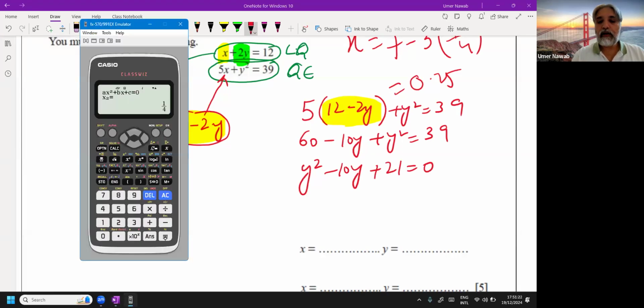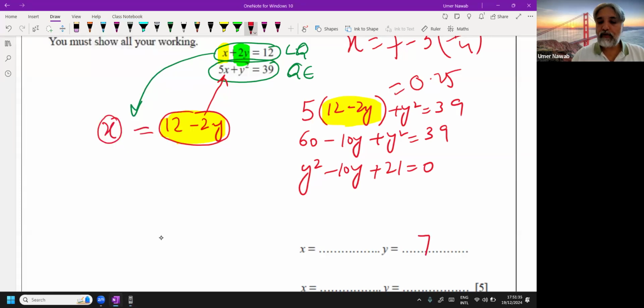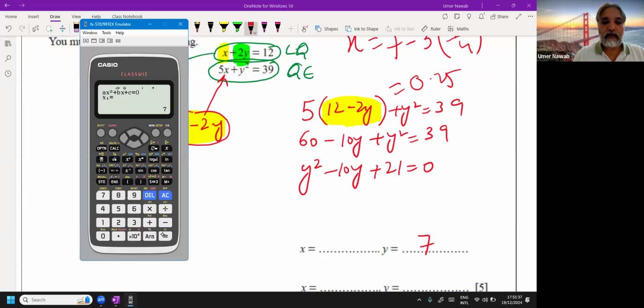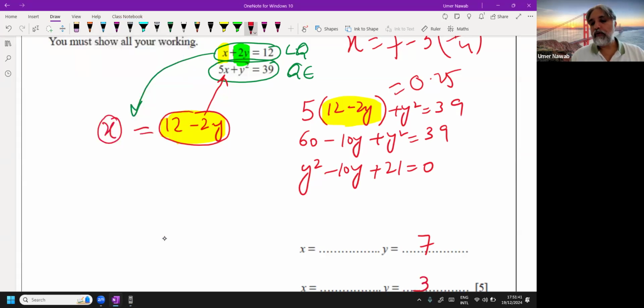Now let me use my calculator to get the answer directly. Enter 1, enter negative 10, enter 21, and I got my first answer of y, 7. And the second answer, the second stroke gives us 3. So y is 7 and 3, I found it.